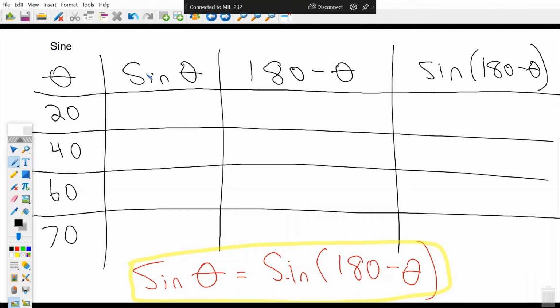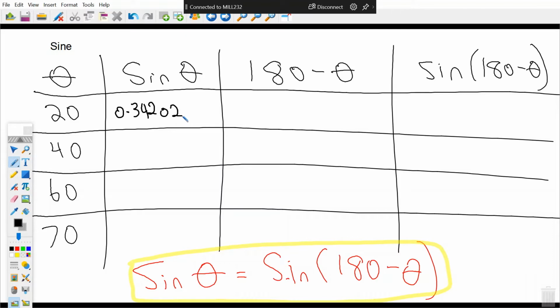All right. So if I go sine 20 degrees, I get 0.34202, etc. Okay, that's enough for now.